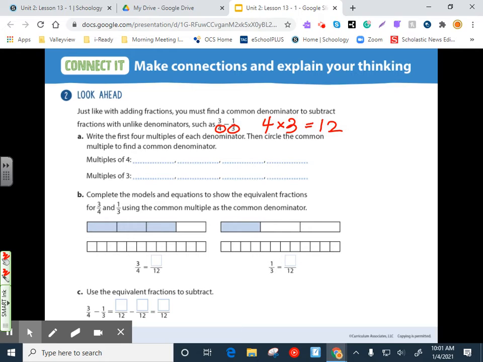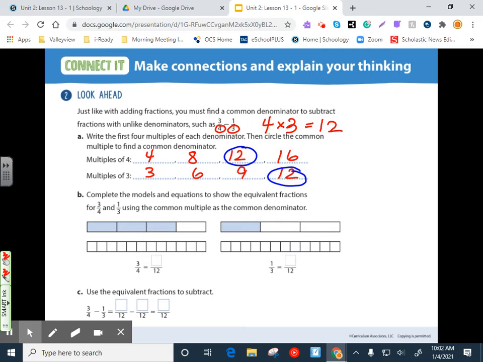Multiples of 4: 1 times 4 is 4, times 2 is 8, times 3 is 12, times 4 is 16. Multiples of 3: 3 times 1 is 3, times 2 is 6, times 3 is 9, times 4 is 12. And you can see right there, our common denominator here is 12.